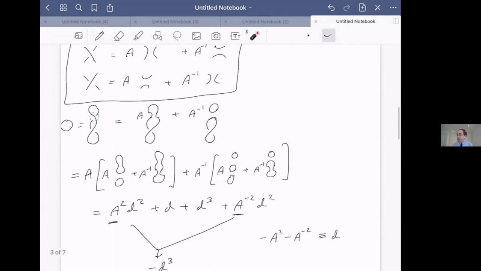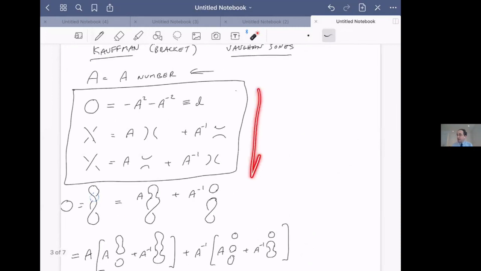Then you might ask, can you come up with knot invariants which have similar types of rules, but are different rules? Is Kauffman the simplest case of more complicated knot invariants? And the answer is yes. There are more complicated sets of rules.